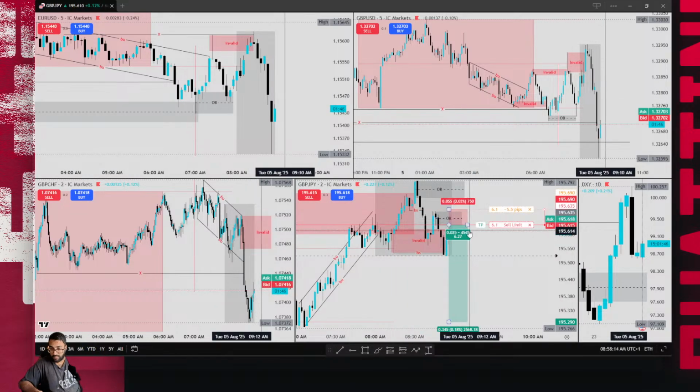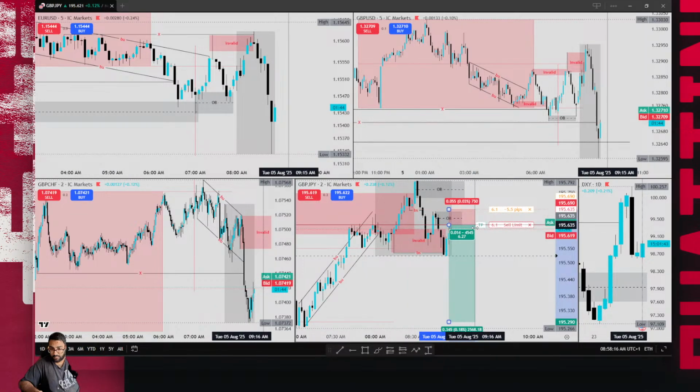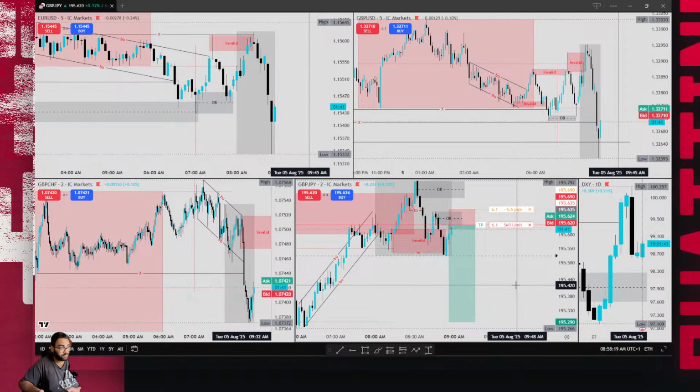No. We should tap into the zone and then sell off. Let me just quickly get into GJ on my other account. Nice and quick. Damn it.